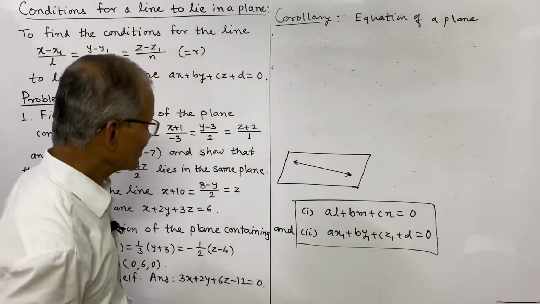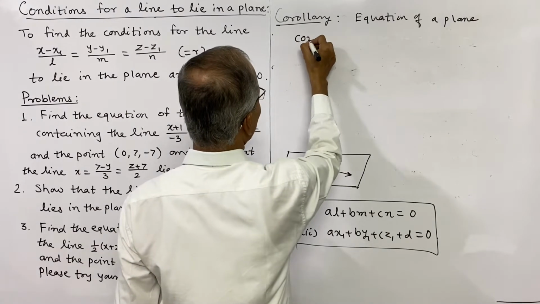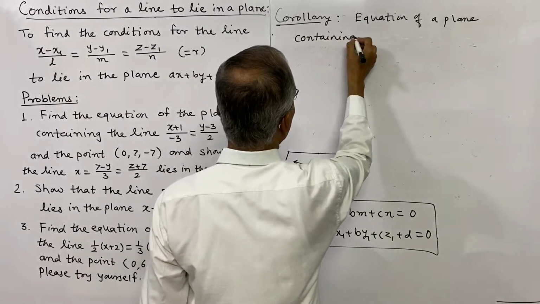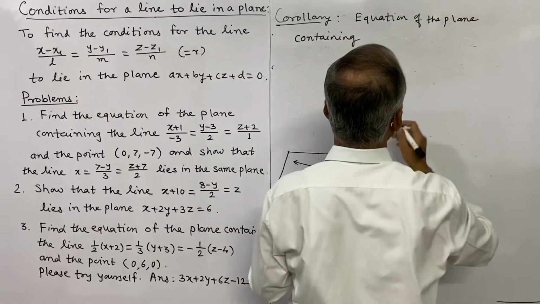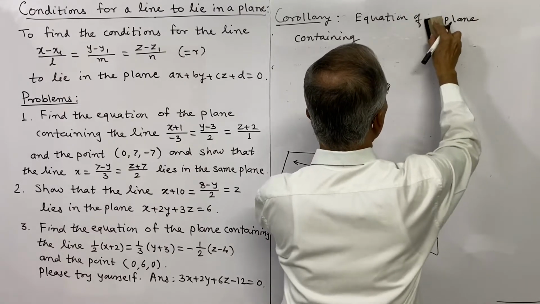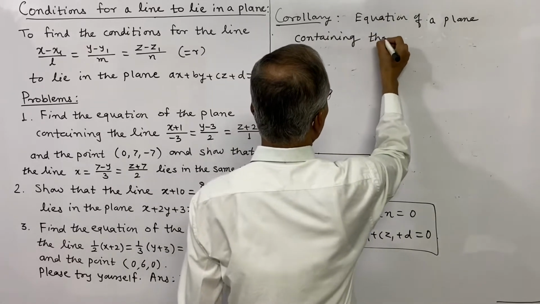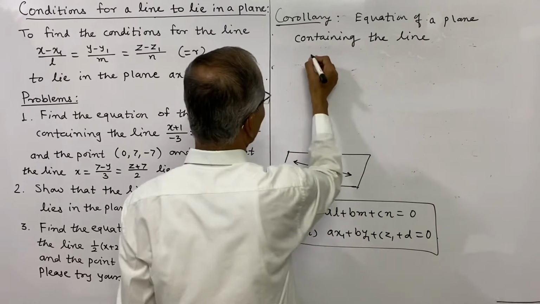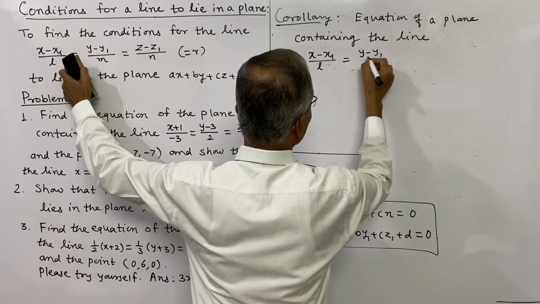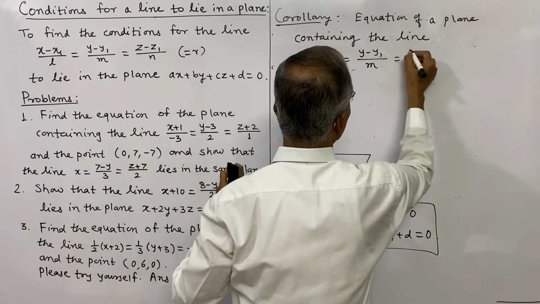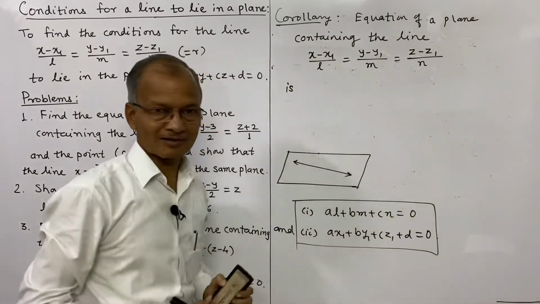We have to find the equation of this plane containing this line, or it may be any plane, so we write a plane. Equation of a plane containing the line. The line is the same, (x minus x1) divided by L, etc. Now we shall write the result directly.